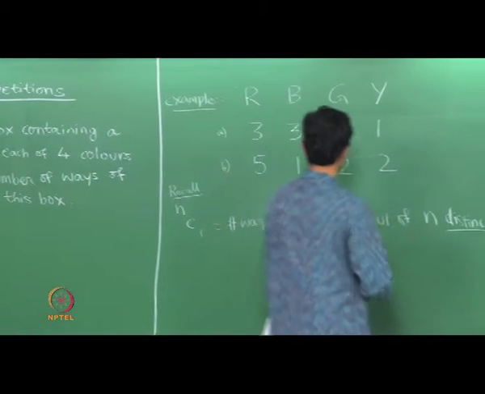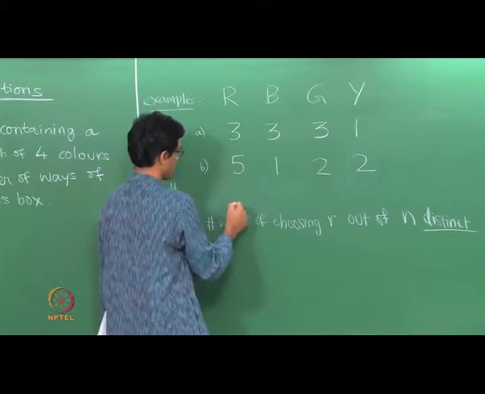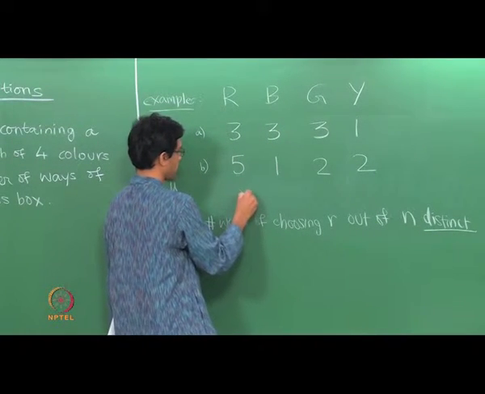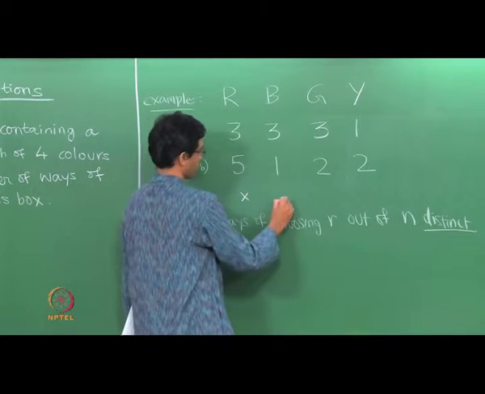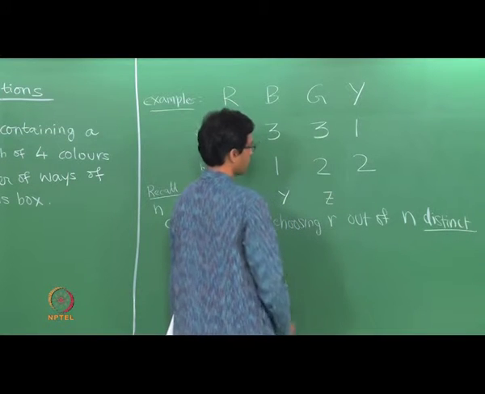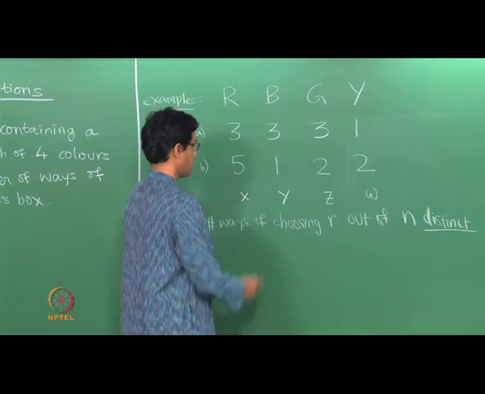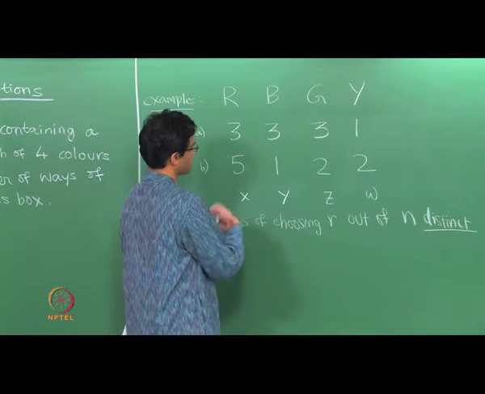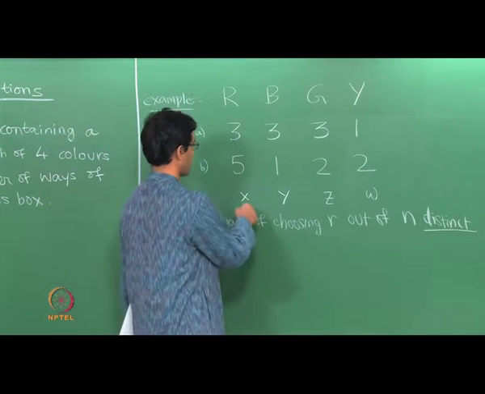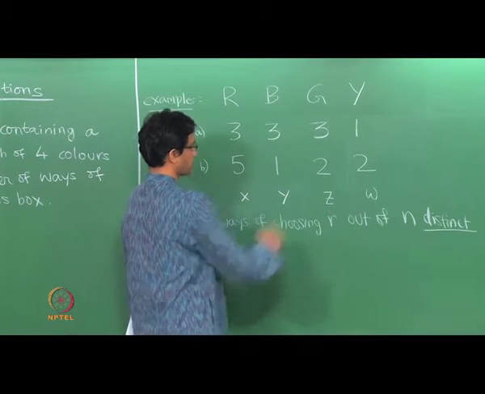So observe that this sort of encoding here, the number of red, blue, green and yellow balls. So let's say the most general encoding is, let's say there are x red balls, y blue balls, z green balls and let's say w yellow balls. Then what this is saying is, what are all the number of choices for non-negative integers x, y, z and w such that their sum is 10.